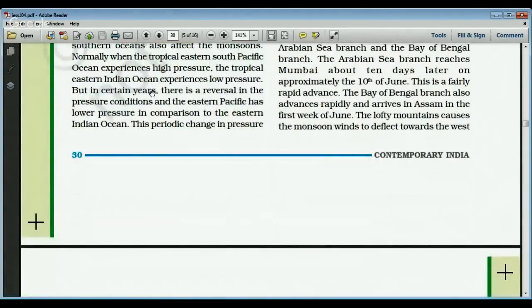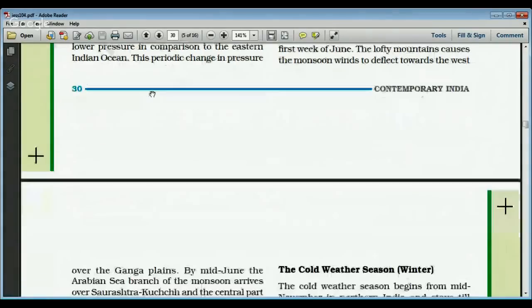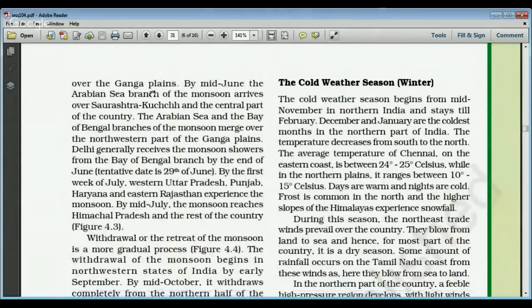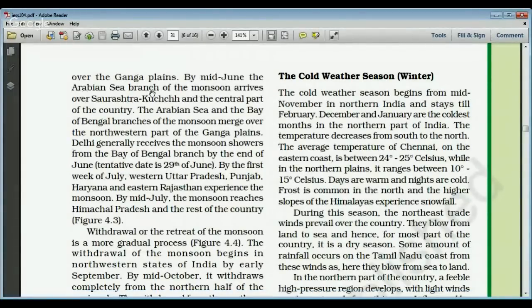And the Bay of Bengal branch also advances rapidly, and it arrives in Assam in the first week of June. The lofty mountains present in Assam and the northeast part of India cause the monsoon winds to deflect toward the west over the Ganga plains, and by mid-June, the Arabian Sea branch of the monsoon arrives over the Saurashtra Kutch region of Gujarat and the central part of the country.